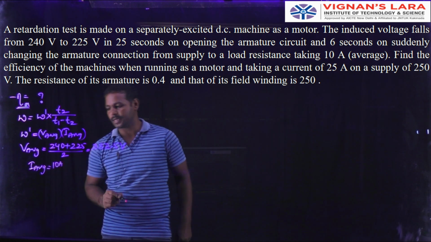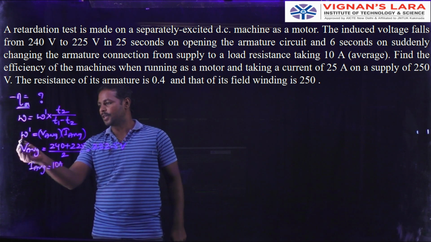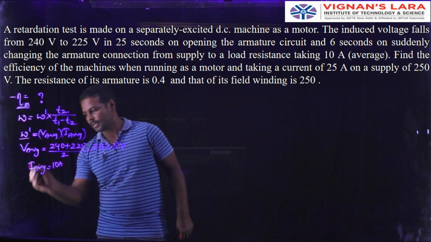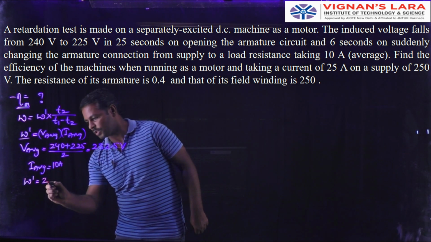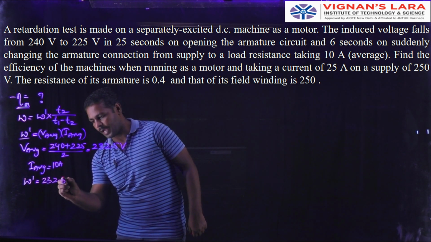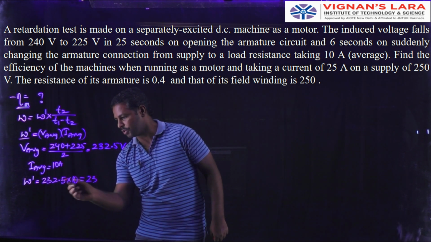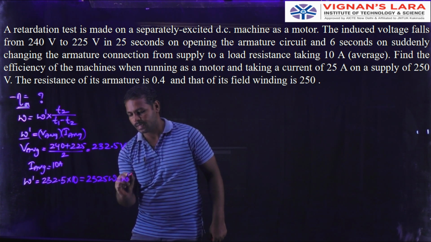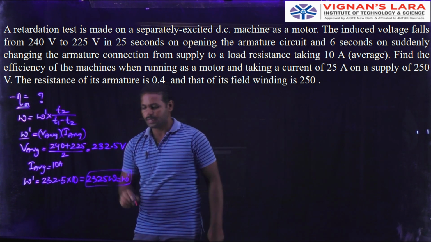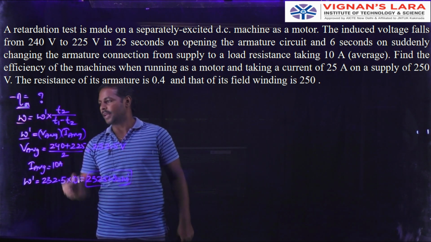The product of V average and I average is W dash. W dash is equal to 232.5 multiplied by 10, which is equal to 2325 watts. So this is the W dash value. Then we can find out the stray losses.